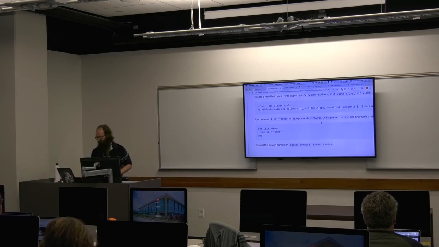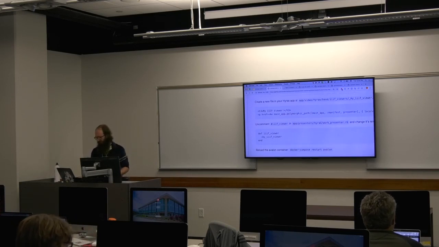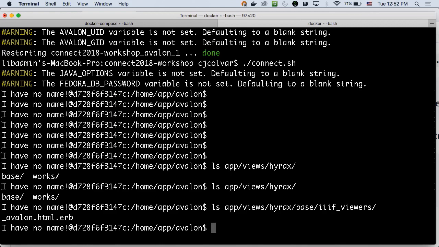So if anyone wants to, we can look at this. I just went back into my Docker container, that connect sh in a separate shell, and I'm showing that what that generator did is it generated this Avalon view partial at this path, app views, Hyrax-based IIIF viewers.